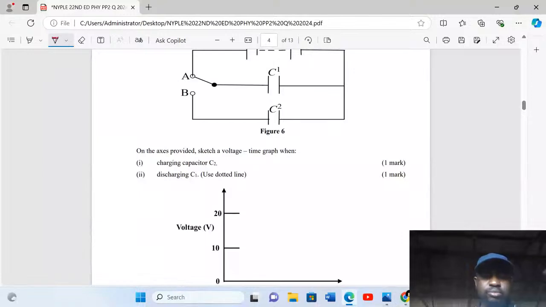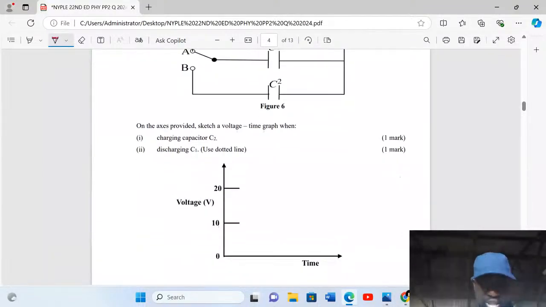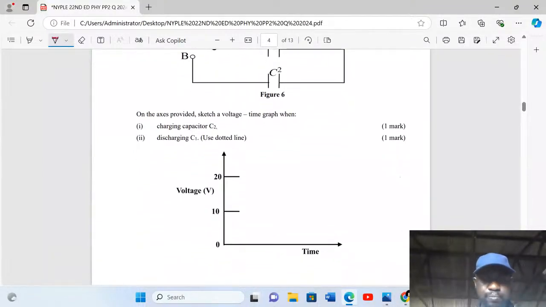So C1 was charged to a maximum of 20, therefore it is supposed to give out 10 volts and remain with 10. We'll start with C2.